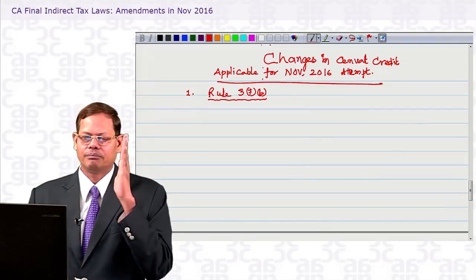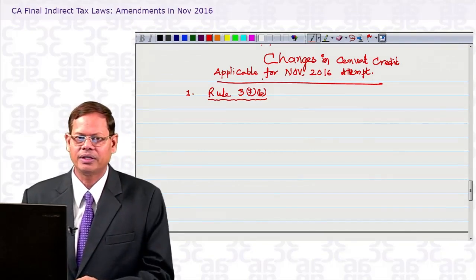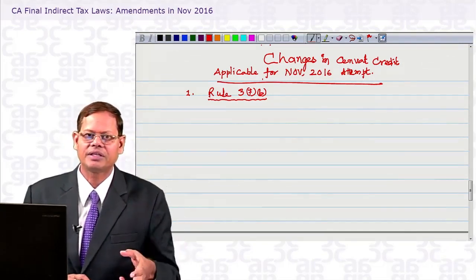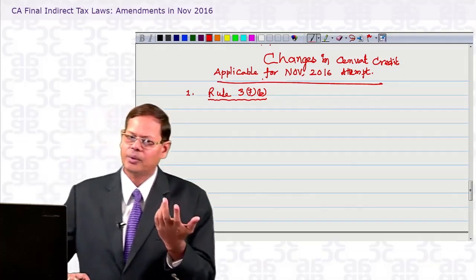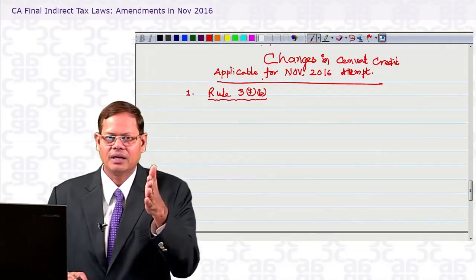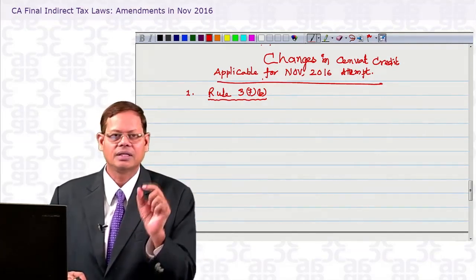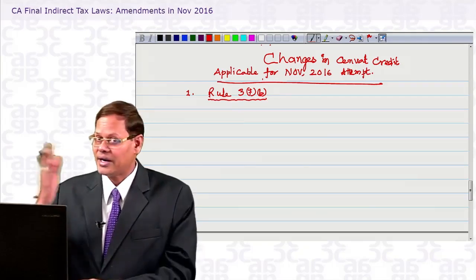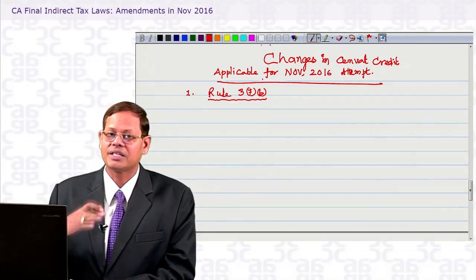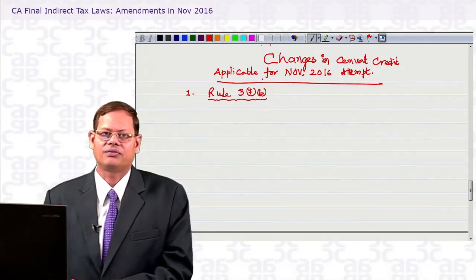See, in the table, of course, in the book also, it has been provided in the same way. On the left side, duties and taxes on which CENVAT credit is available. Getting my point? On the left side, duties and taxes on which CENVAT credit is available. That is Rule 3.1. And on the right side, duties and taxes against which these duties and taxes can be set off.